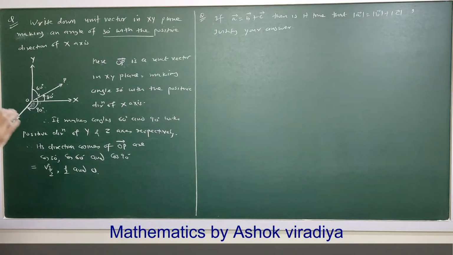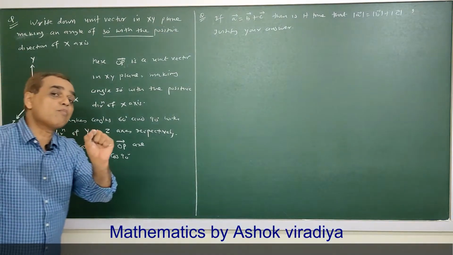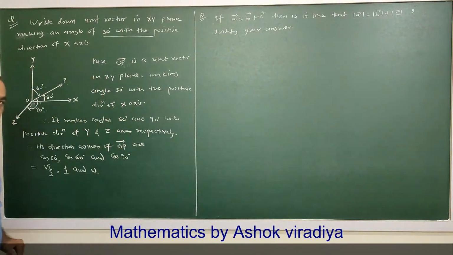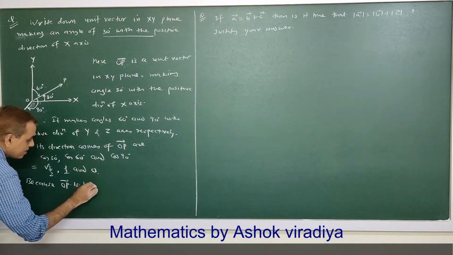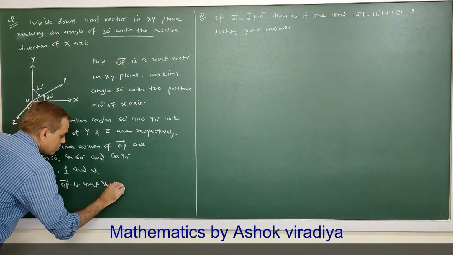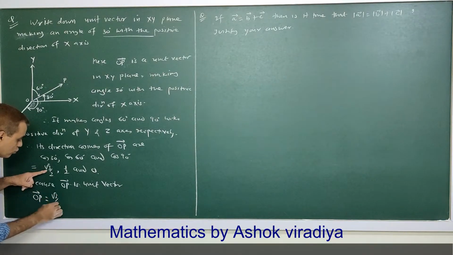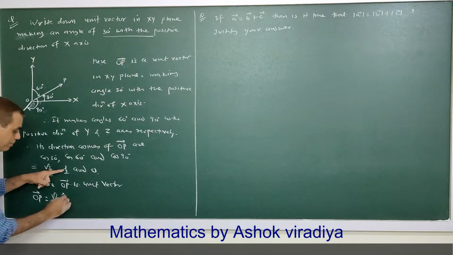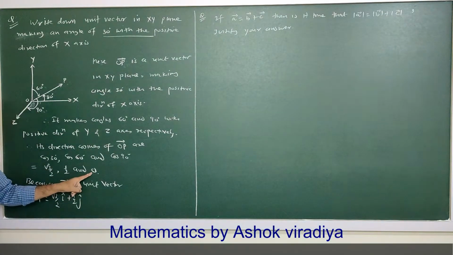And because it is a unit vector, these direction cosines are scalar components of that vector. So because OP is a unit vector, it will be equal to root 3 by 2 times i cap plus 1 by 2 times j cap plus 0 times k cap.